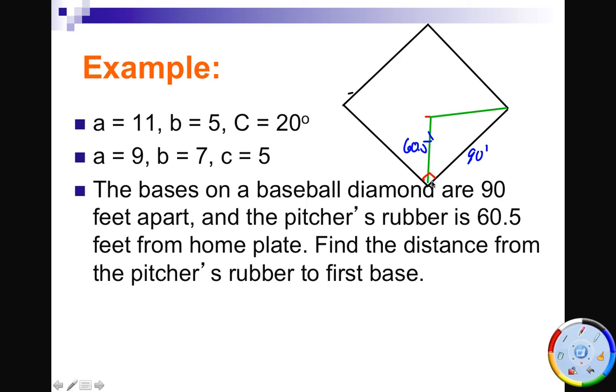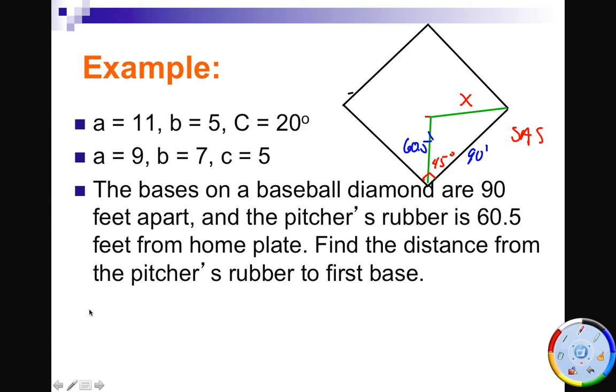So running in from third base, going to first base this way, that's a 90-degree. And this straight up and down green line, even though it doesn't look straight up and down, actually cuts it in half to make this a 45-degree angle. And once you know that, you now have side angle side, and you can use the law of cosines to solve for x.